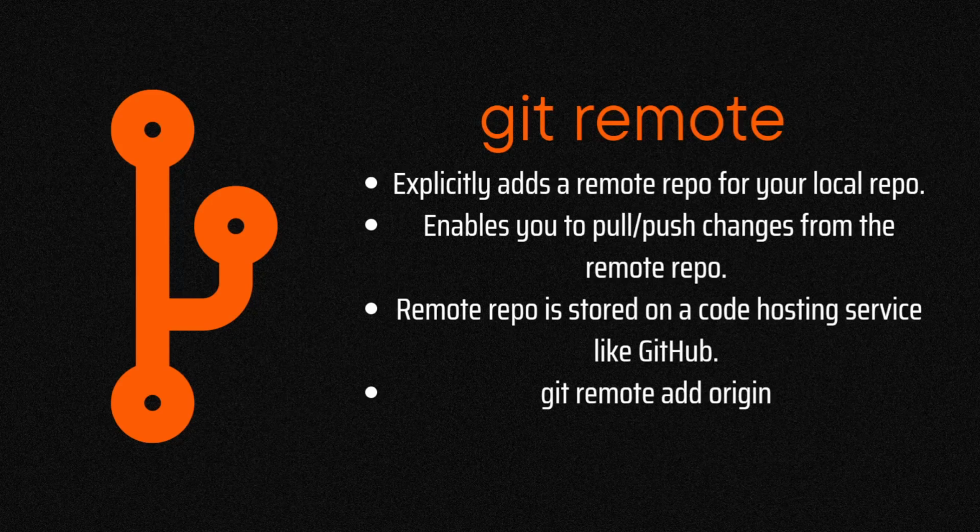And you also have the pull, for when you want to pull the code from the remote repository. So let's say your friend made some modifications to the code base, then you can pull from the remote repo and get those changes in your local repo.